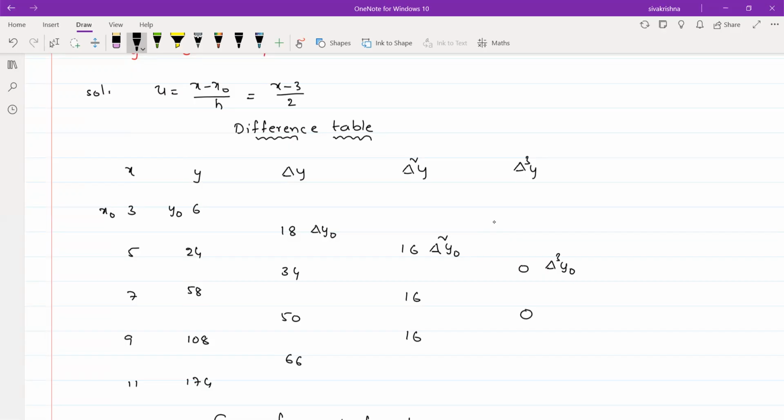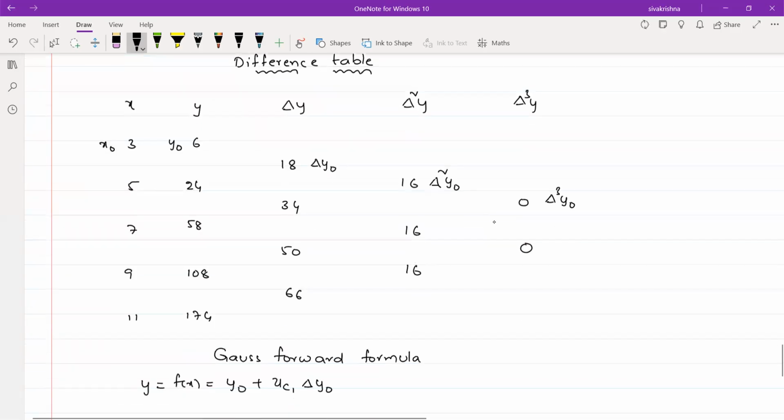So while writing the Gauss forward formula, the first term is y naught and the second term is uC1 into delta y naught. Coming to the third term, it is uC2 into delta square y sub x minus 1. In the difference table, we do not have negative suffix values.